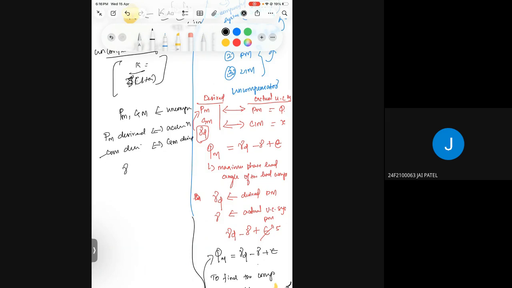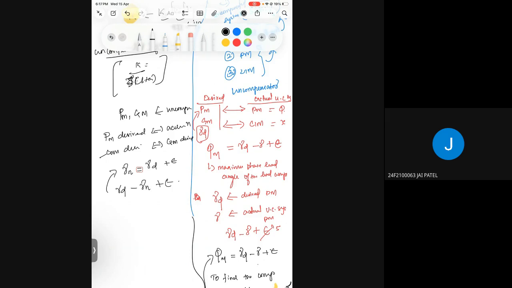That is, your gamma n is equal to gamma d plus epsilon. Otherwise, gamma d, this is how we studied it, right? So this is just a rewritten version of this. Gamma n this side, rest of the things that side. That is your desired gamma plus some epsilon, that is 5 degrees that you will find.